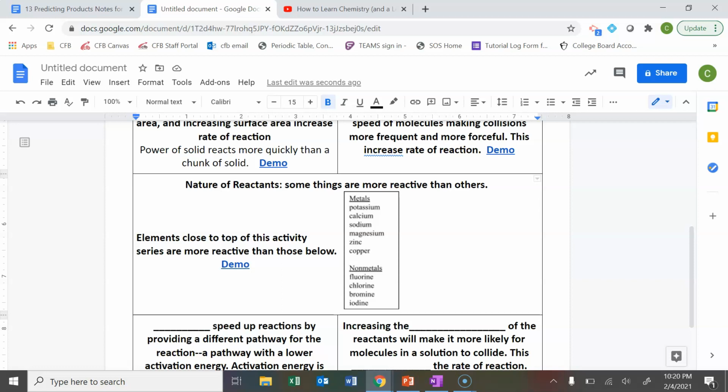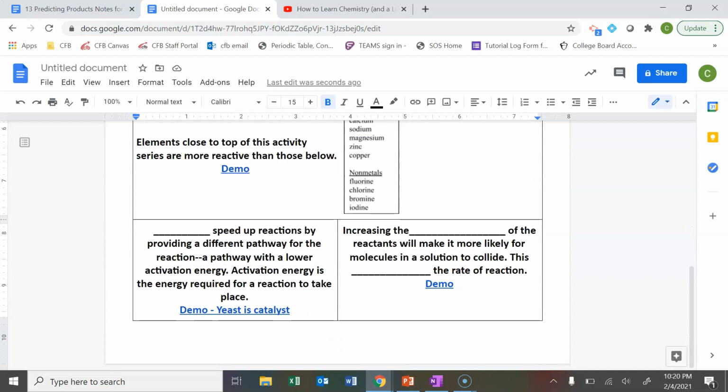So potassium will react more quickly than zinc, for example. This is a great video demonstration, and if you pay attention to the metals that are involved in this demo, you can see the ones that react the most vigorously are near the top of the activity series. The ones that don't have much reaction at all are fairly low on the activity series. Some of them are so low, they're not even listed here.